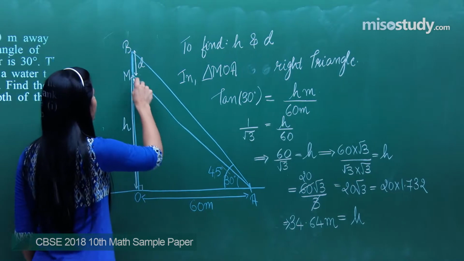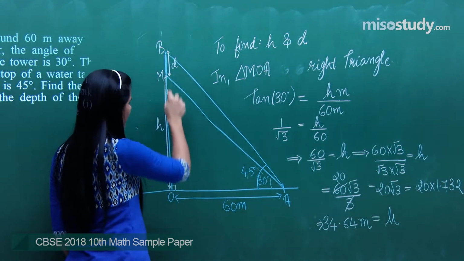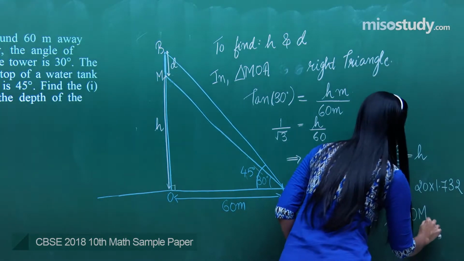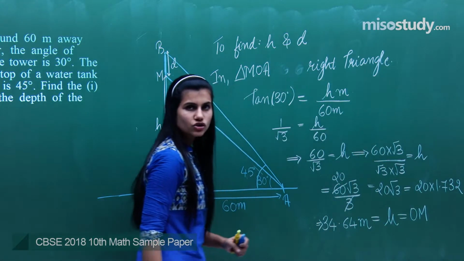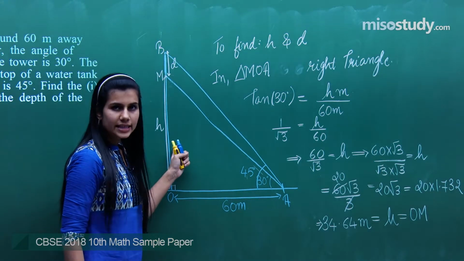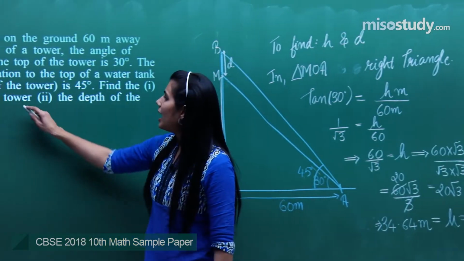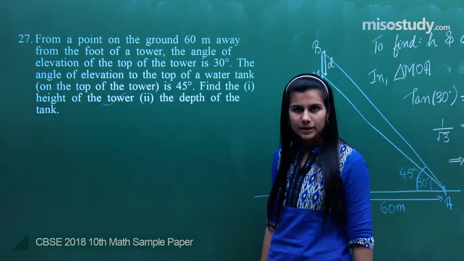That means you have obtained that this height, MO, is your height of the tower, which is 34.64 meters. Once you have obtained the height, the first part is accomplished.